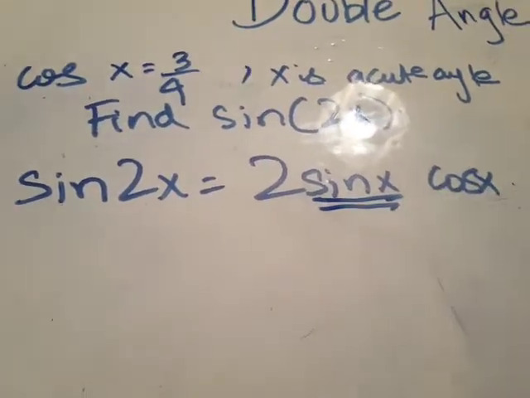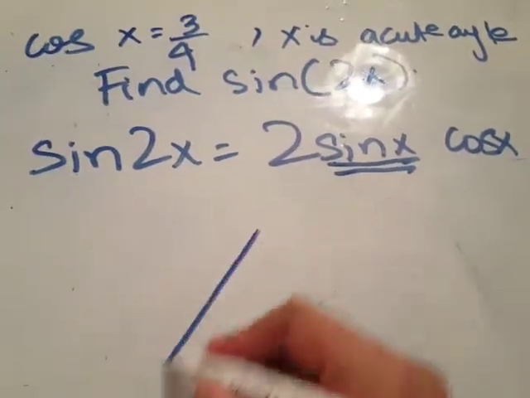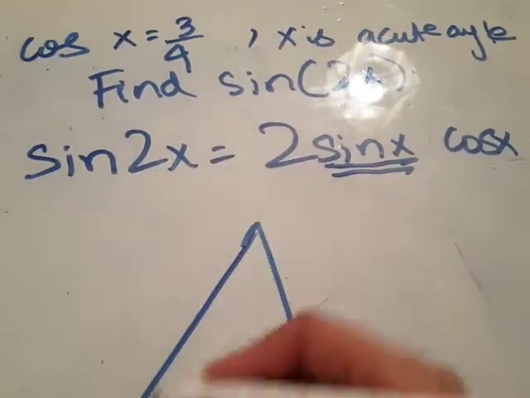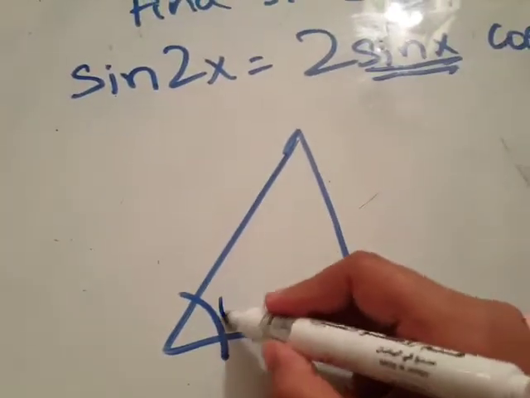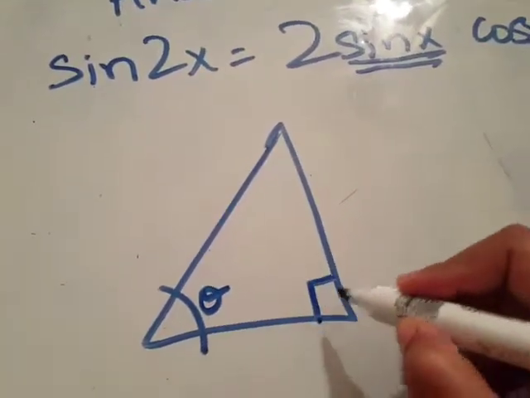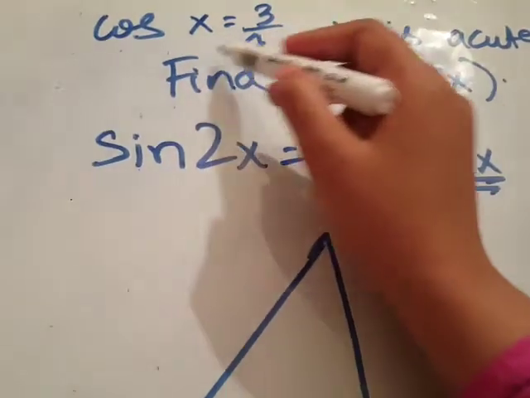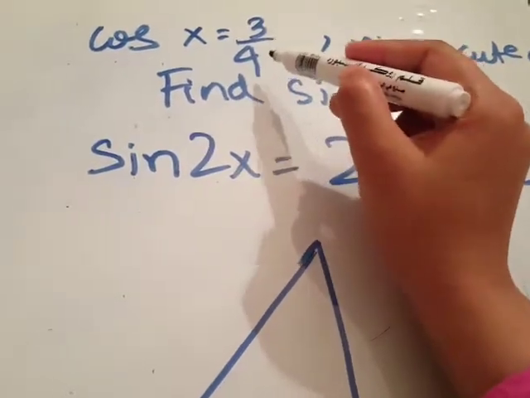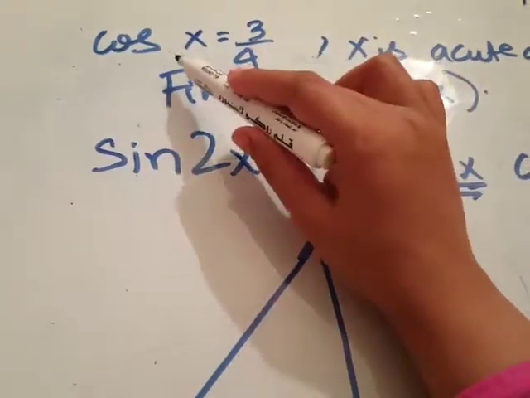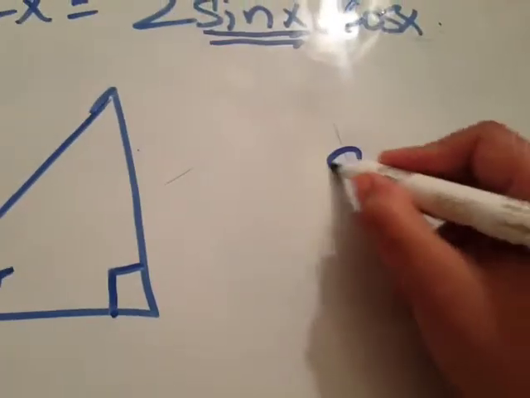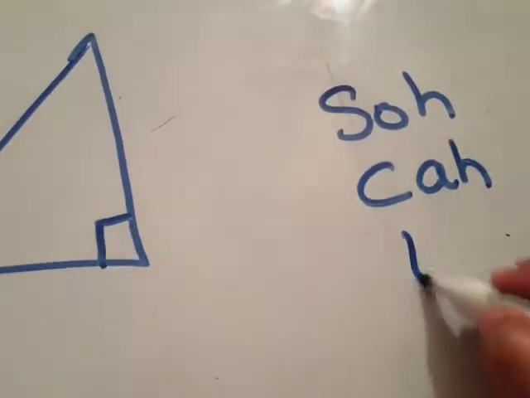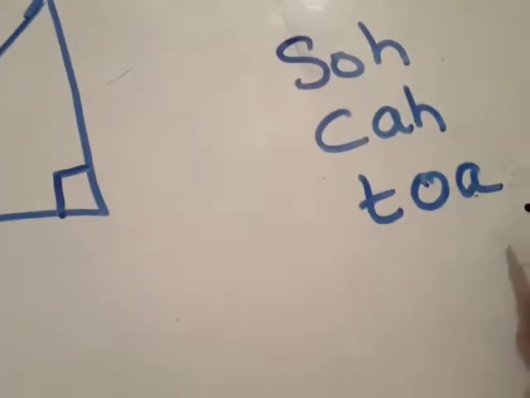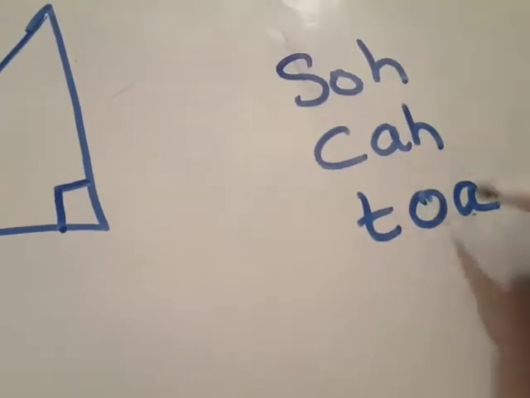So now let's go back to the Pythagorean theorem. This is an angle less than 90 degrees, which is an acute angle. This is the right angle triangle. So cos of x is 3/4. What was cos? We have this SOHCAHTOA.